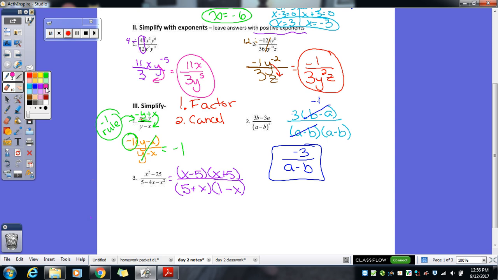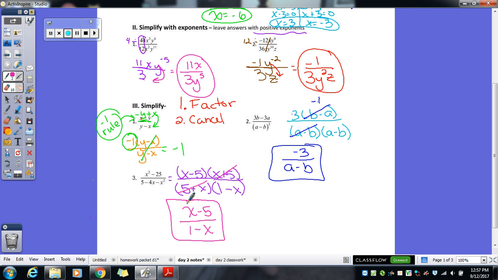So now, x plus 5 and 5 plus x, those will cancel each other out because, remember, addition is commutative. It doesn't matter what order I add the two things in. It's exactly the same. So these can just cancel each other out and I don't have to put the -1. Again, because it's addition. So then we're left with x minus 5 over 1 minus x.